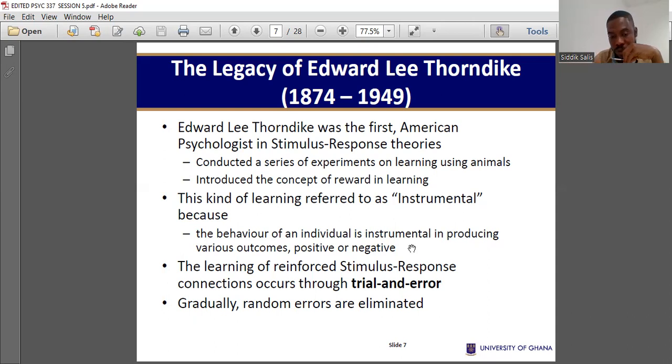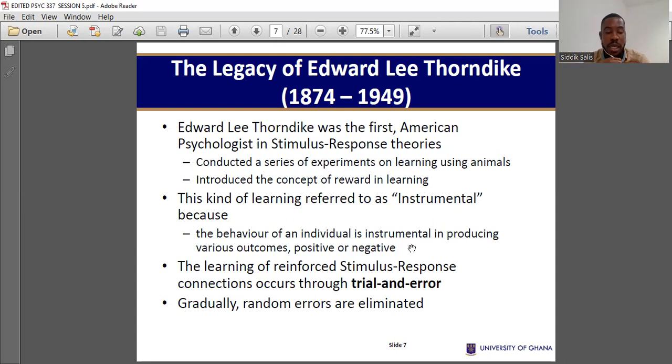The person's readiness, the person's willingness to practice. And then the consequences, positive or negative feedback from the person's actions, also help. So these three things help in shaping the person's behavior.